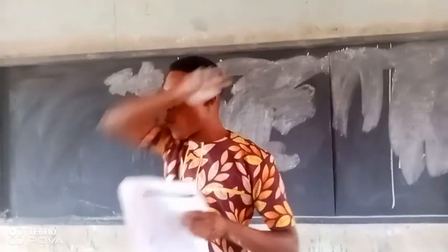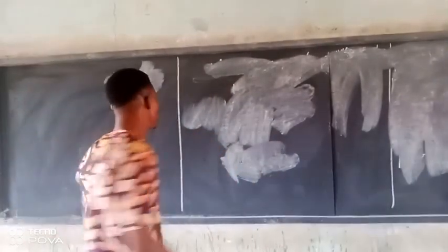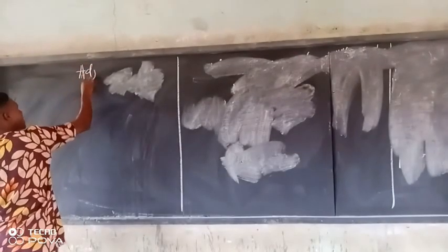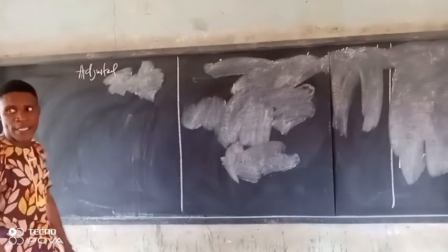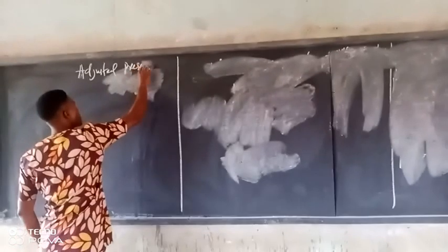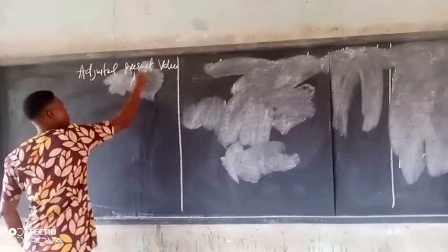So today, we are going to look at that aspect. I skipped this section then because I said you cannot understand it without a good understanding of capital budgeting theory. So, the adjusted present value, which we call APV.